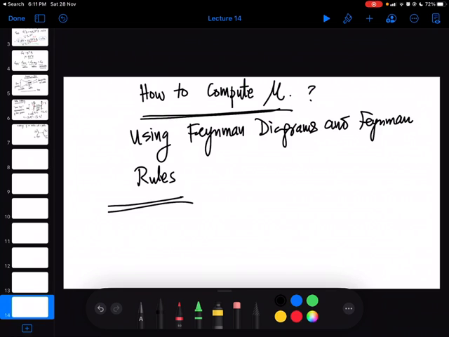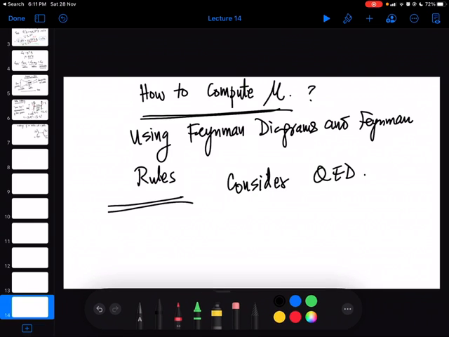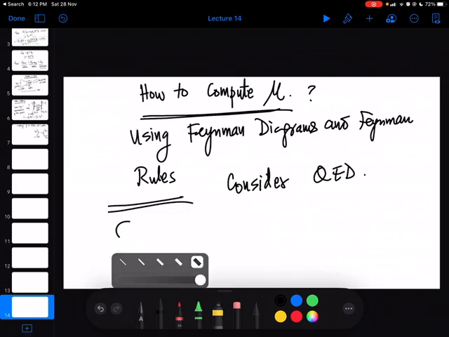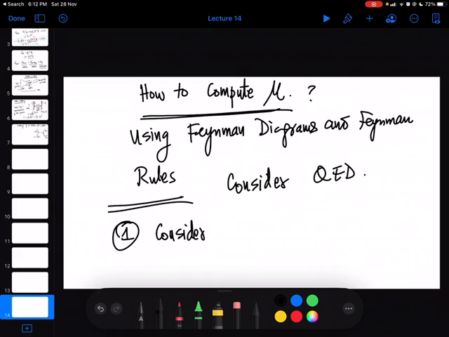So the first step is, let's consider QCD. Sorry, let's consider QED. The first step would be to consider the process of interest.